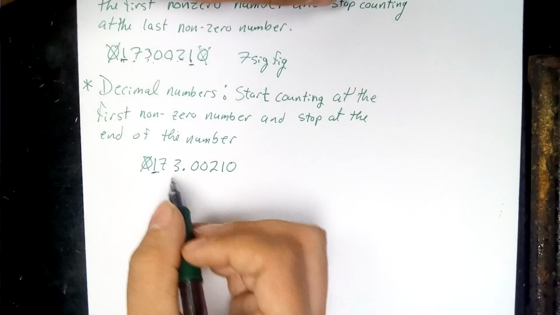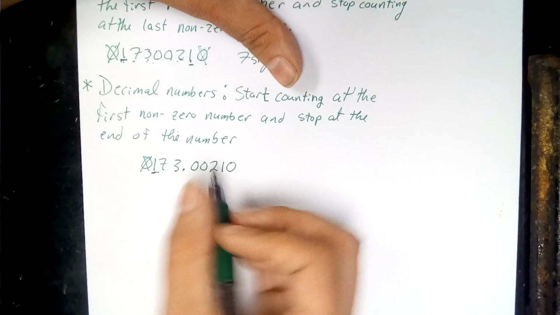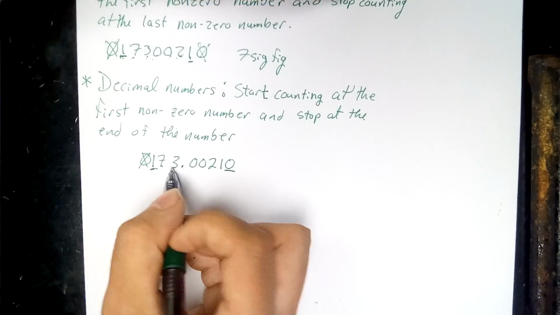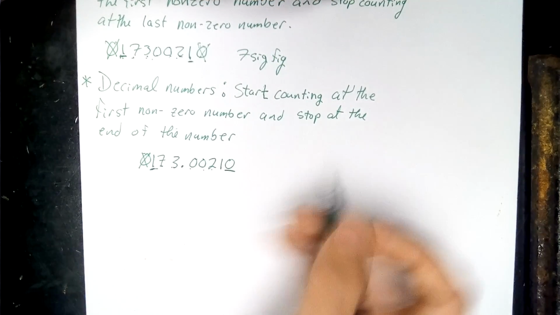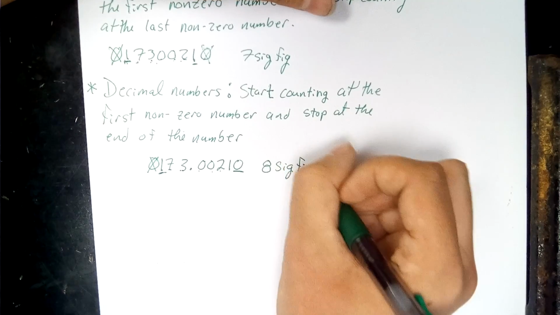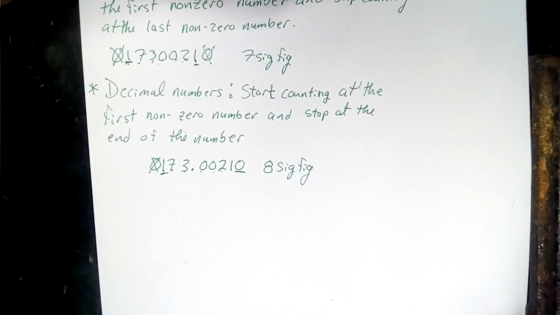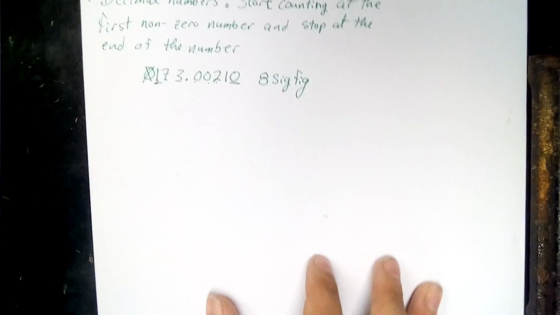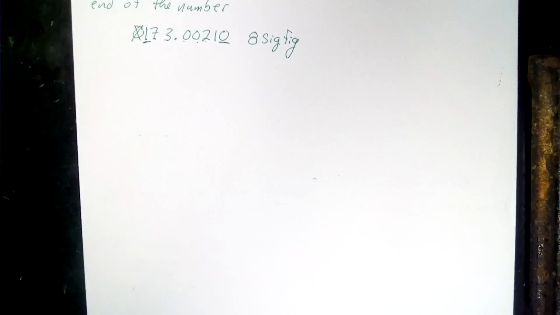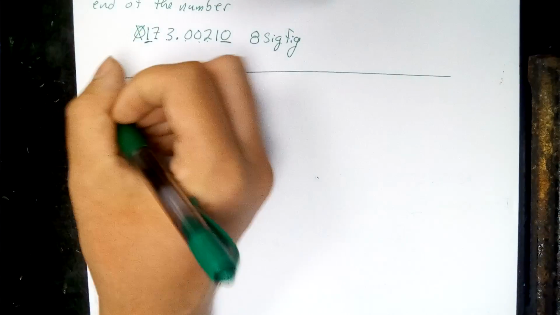But now we're going to count just to the end of the number. So now the 0 is significant. So we have 1, 2, 3, 4, 5, 6, 7. We have 8 significant figures.